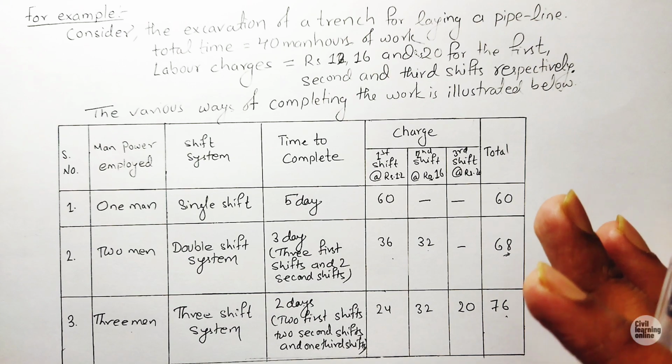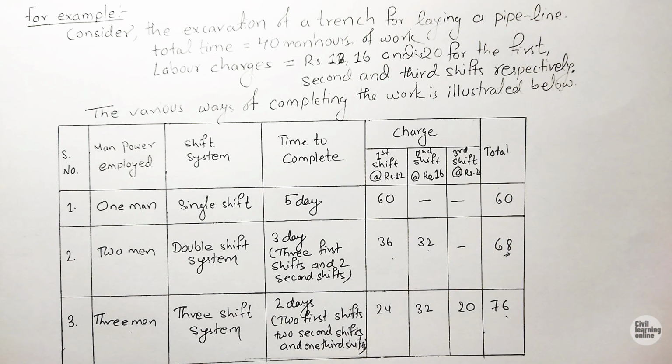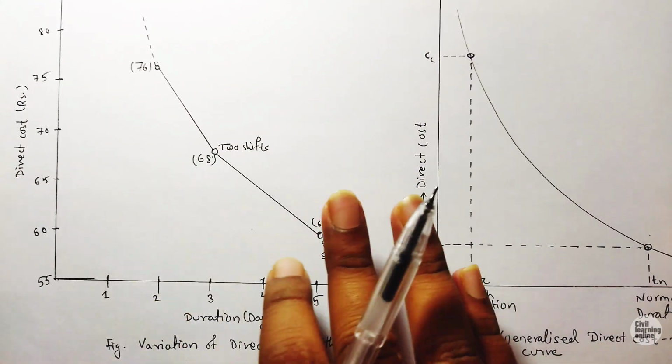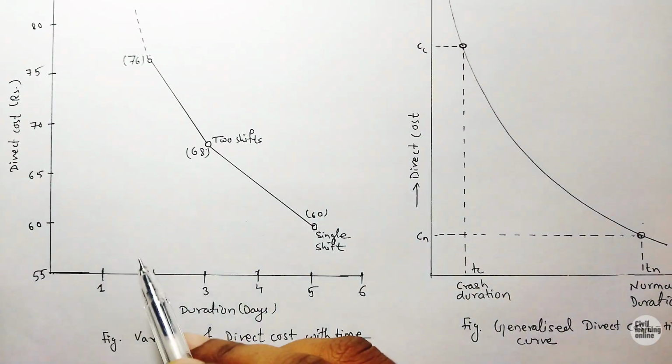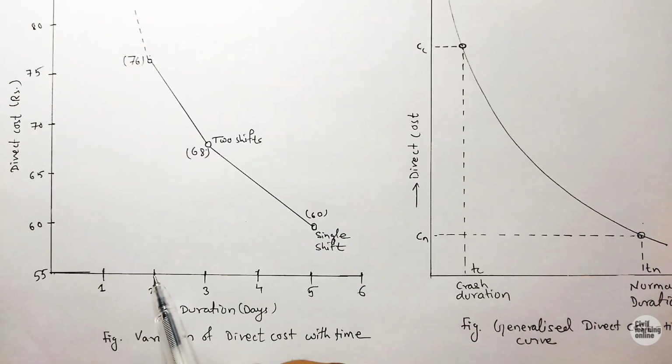So if we draw the diagram of the direct project cost, it is going to be of this manner. Here the cost is 76 and the duration is 2.